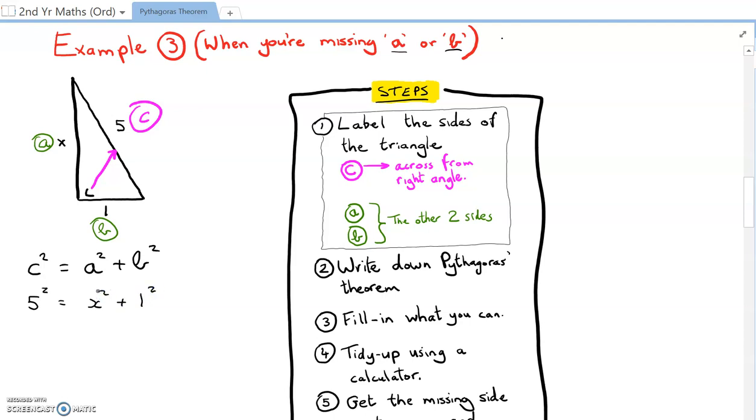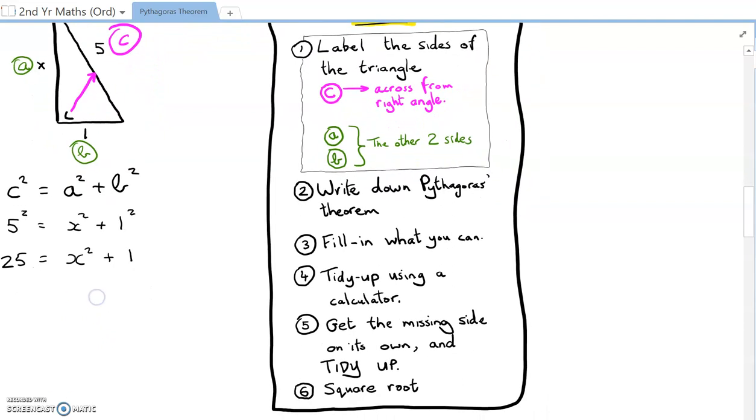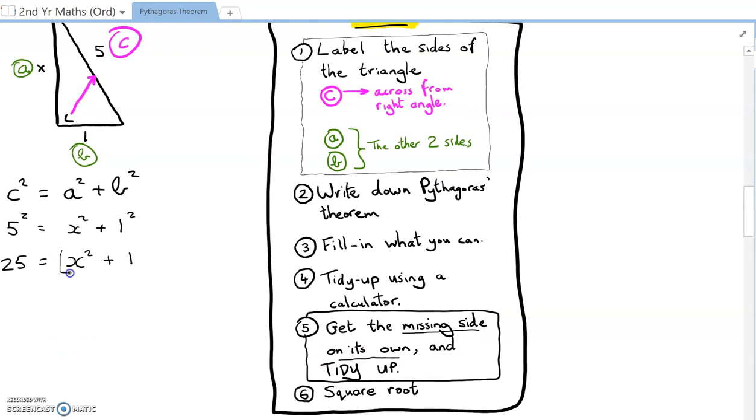Okay. Now, tidy up using a calculator. Okay, so 5 squared is 25. X squared is still just X squared. And 1 squared is 1. Okay, now what's different? This is the little different step here. This is the difference between the ones we did a moment ago and this one. Get the missing side on its own. So at the minute, this is the bit that I'm missing.